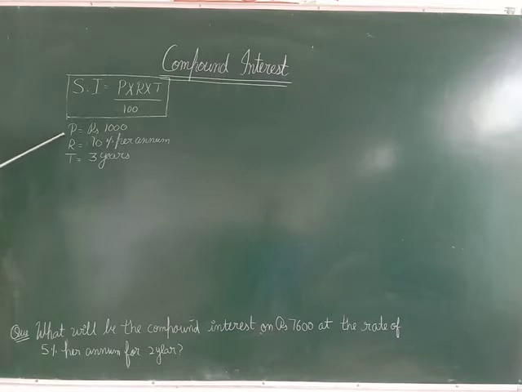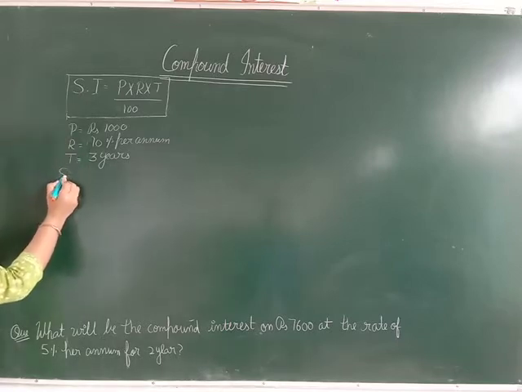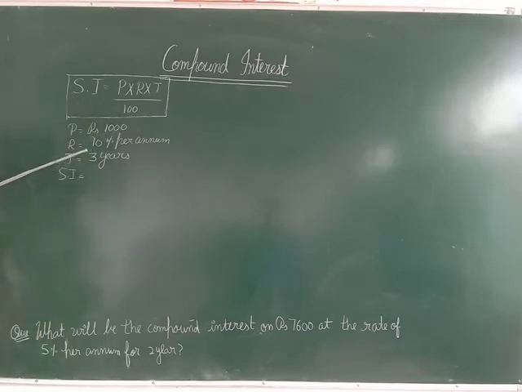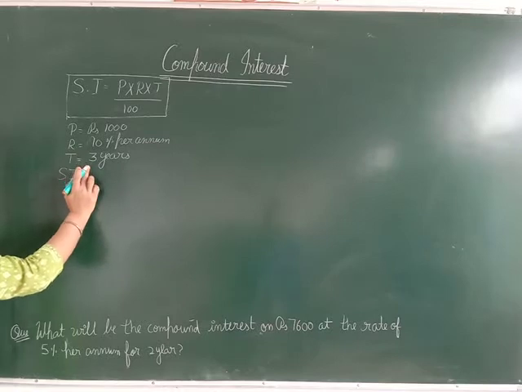So in compound interest, how will we solve it? Firstly, find the simple interest by using this formula, but we have to find it for 1 year, then 2 years, then 3rd year. So in this case we will write time 1 year.